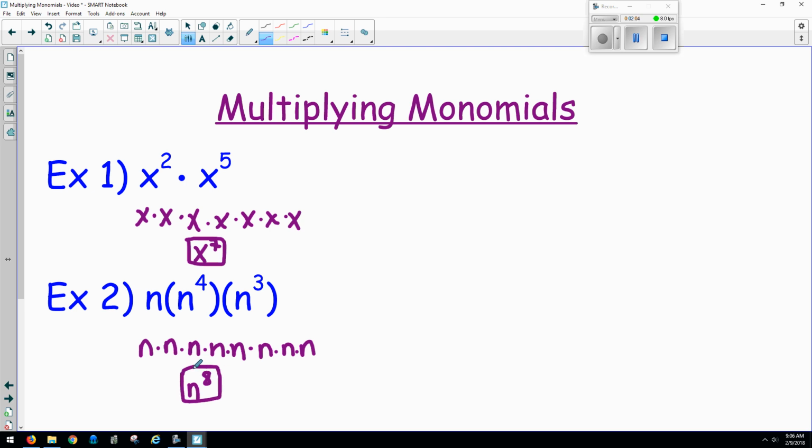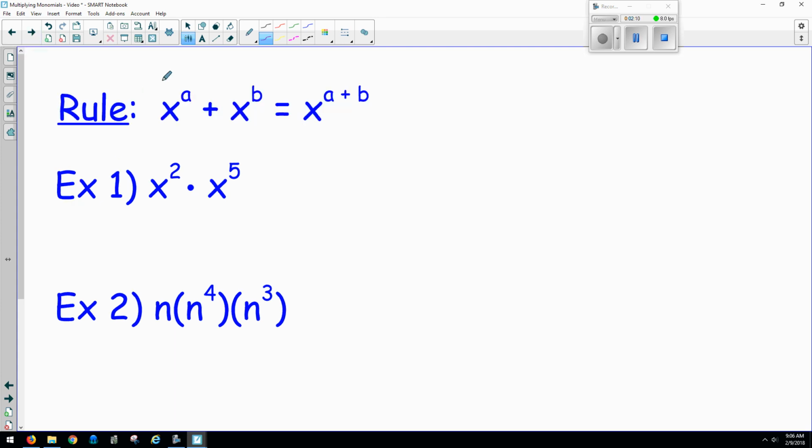Well, there's actually a little shortcut that we can use, so we don't have to write all of these out. And that's the rule for multiplying two monomials. Here's the rule. x to the a times x to the b is actually equal to x to the a plus b.